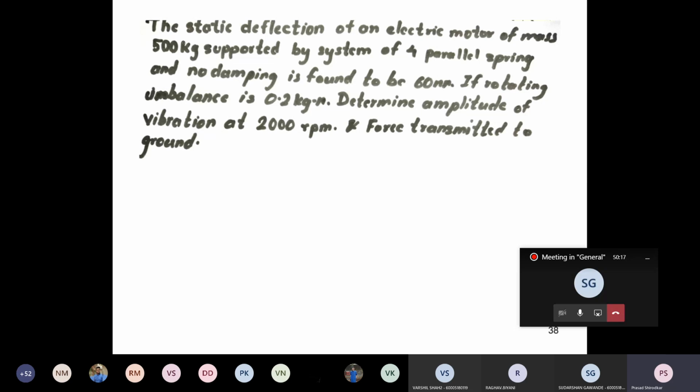Next, the static deflection of an electric motor of mass 500 kg supported by a system of 4 parallel springs and no damping is found to be 60 mm.